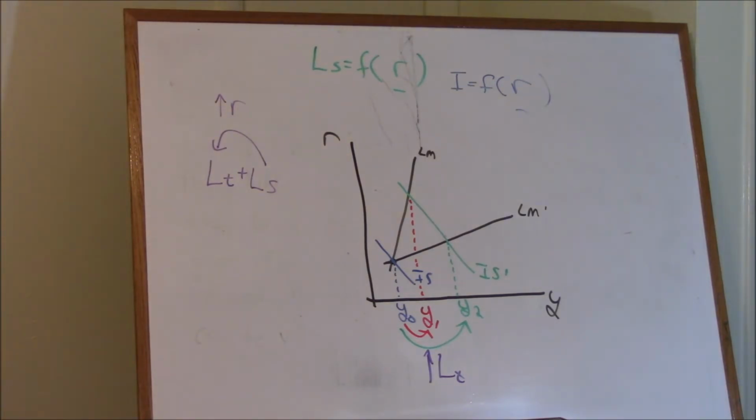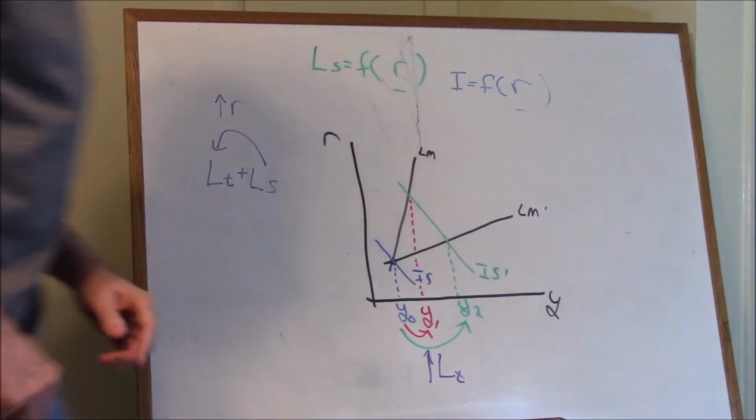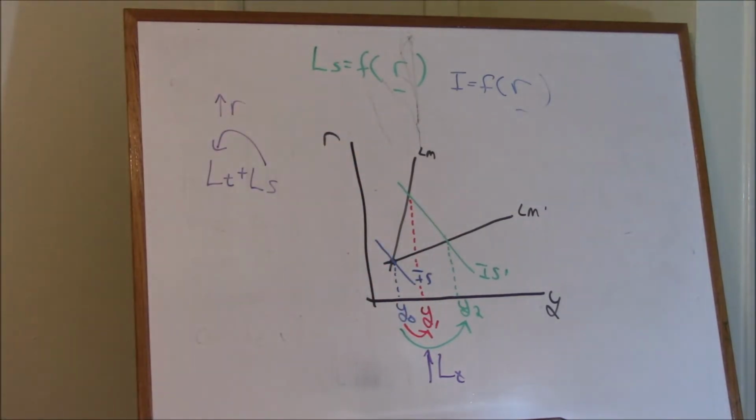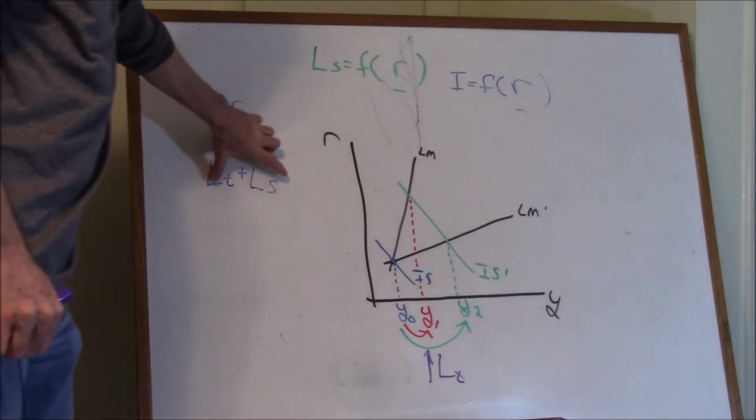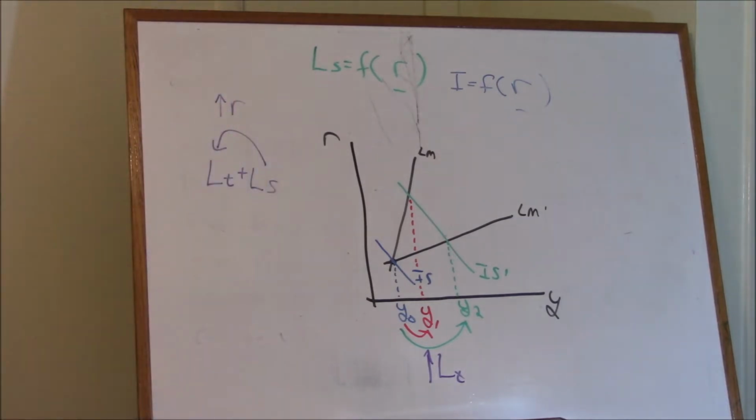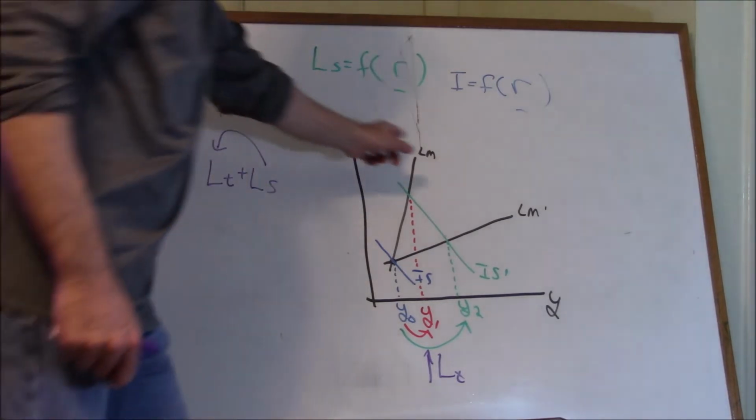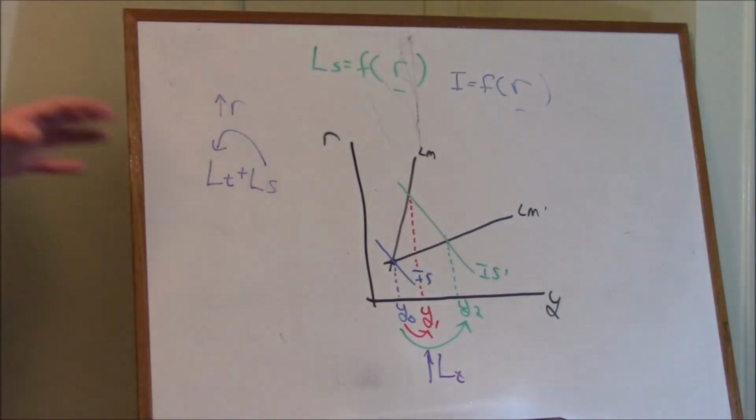And so when GDP rose, it drove up the transaction demand for cash. And so as a consequence, the speculative demand for cash has to fall because these two are equal to M sub 0. There has been no change in the money supply here. And we're assuming on both of these LM and LM prime, it's the same money supply, but it's a different relationship as far as LS goes.